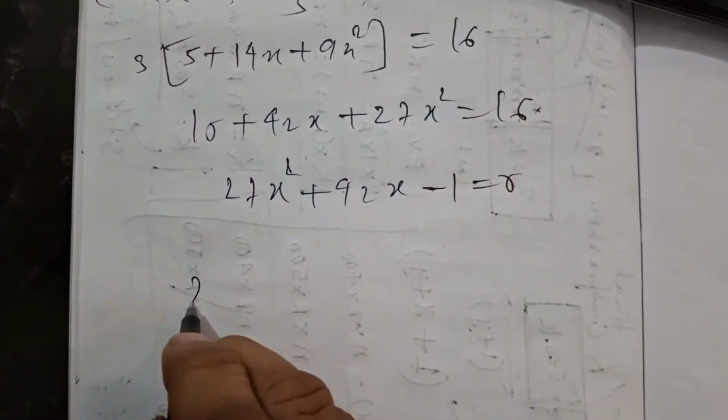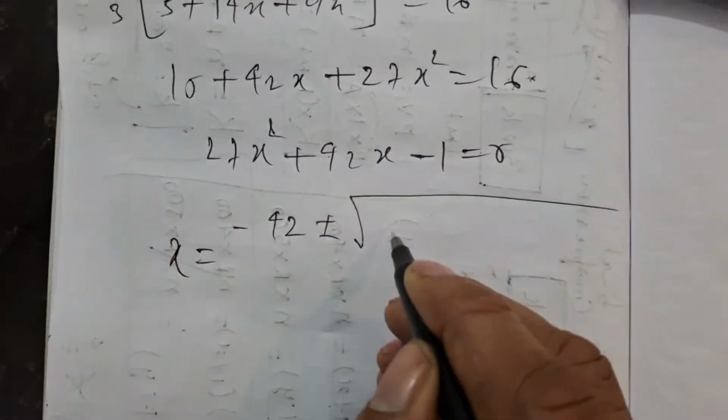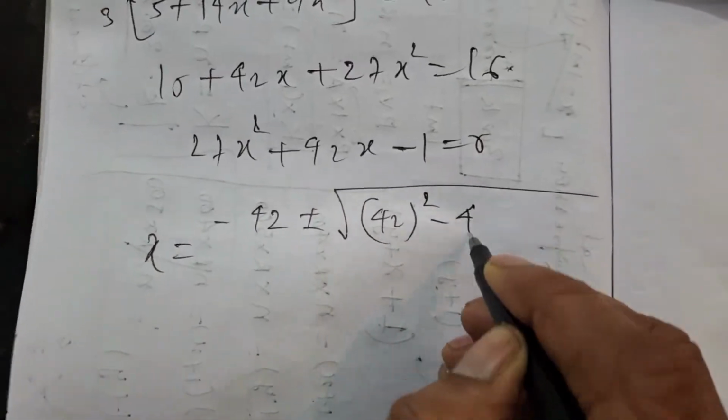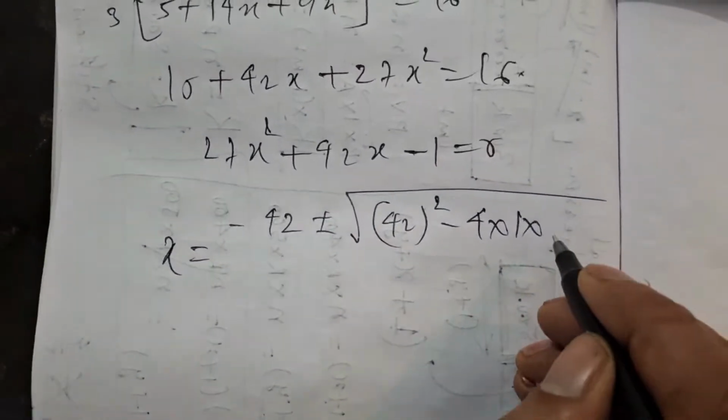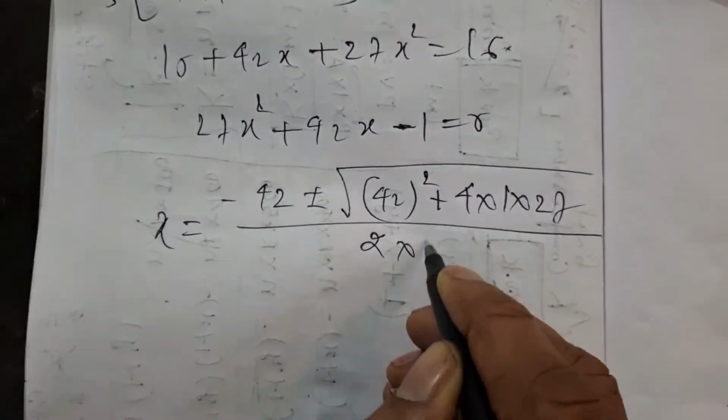Now solve. x will become minus 42 plus minus under root 42 square minus 4ac, and 2 into a, where a is 27 and c is minus 1.